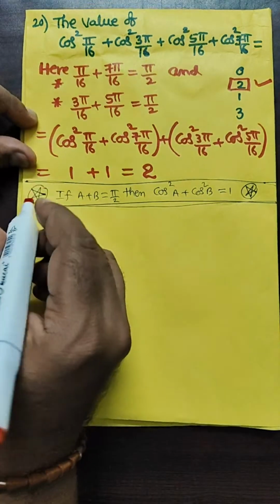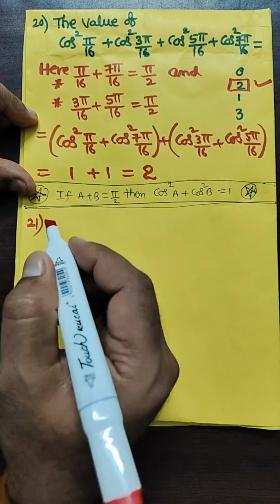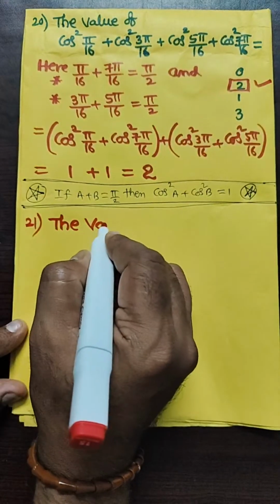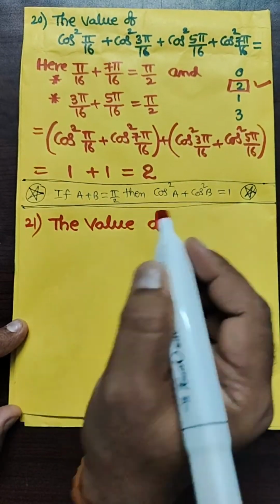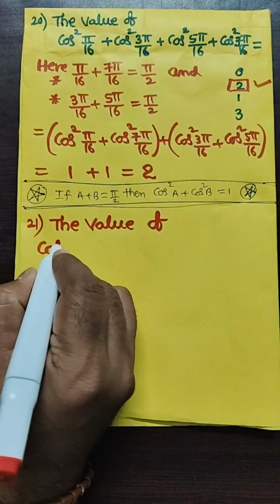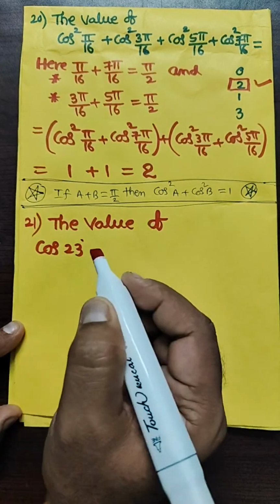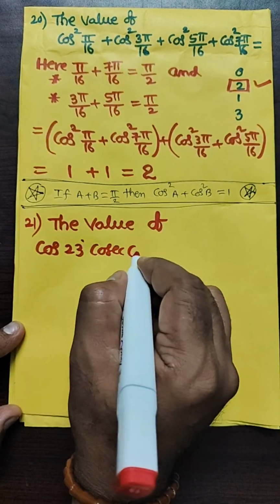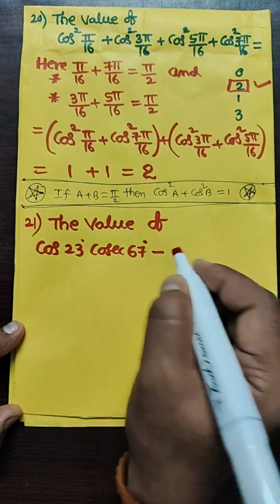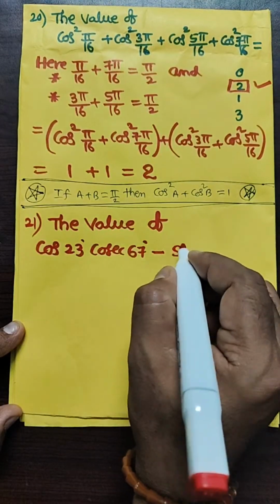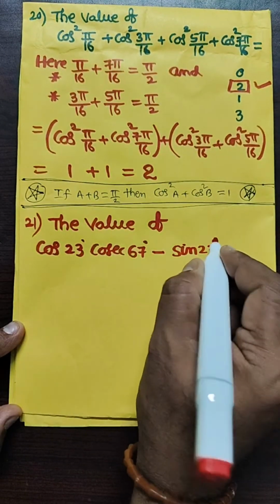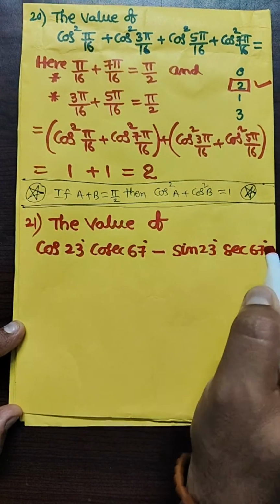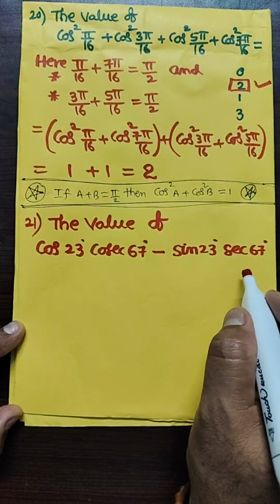Integer type questions, we will solve it. Question number 24. The value of cos 23 degrees cosecant 67 degrees minus sin 23 degrees into secant 67 degrees is equal to.